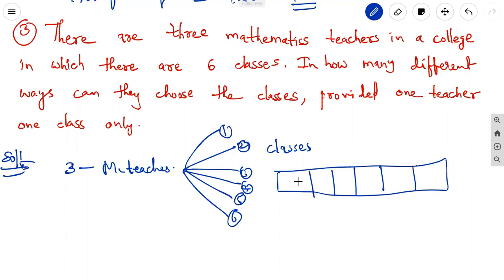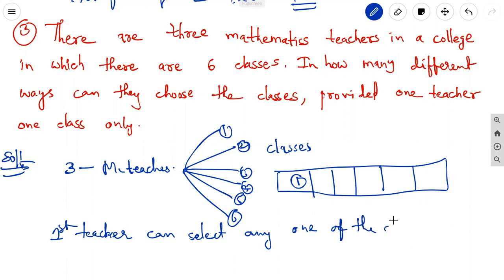The first teacher can take one class. In how many ways can the first teacher select? Any one of the classes from 6, so 6 ways.